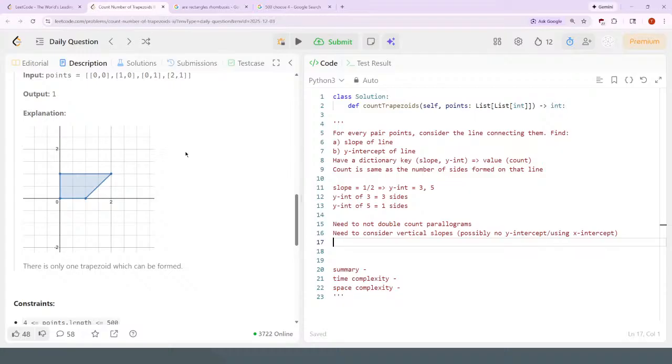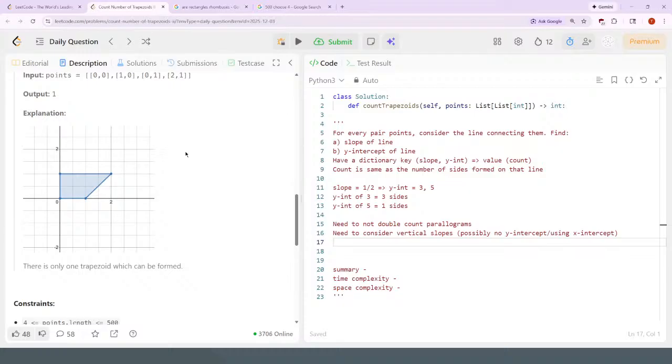So for every slope, I go to that points list. I think I have to consider every point with every other point and register its slope. If I can register the slope as a reduced fraction, I don't know if that makes any sense.